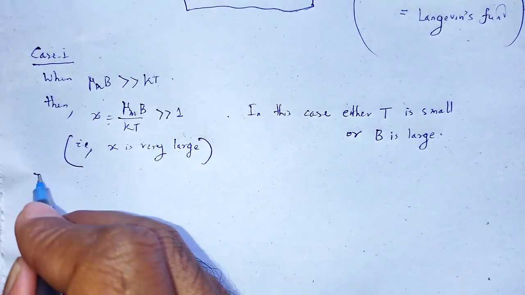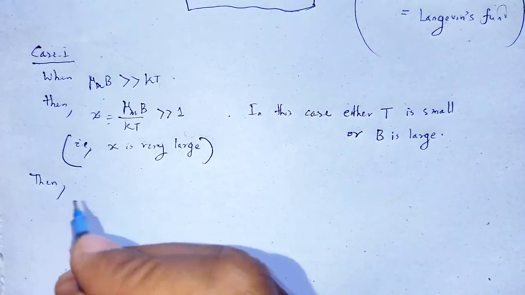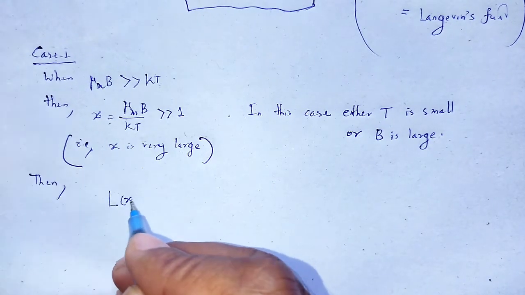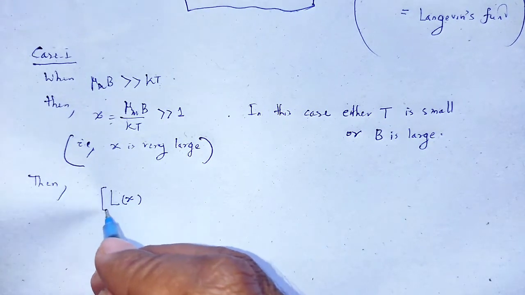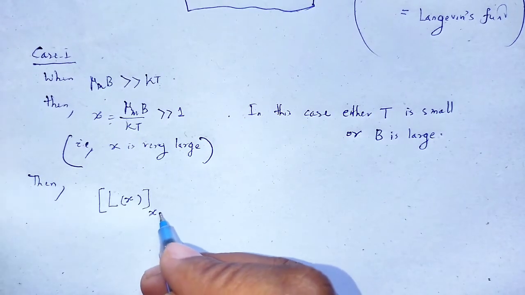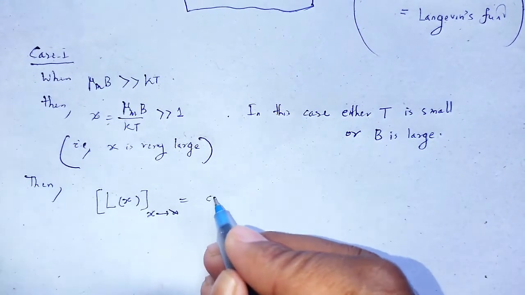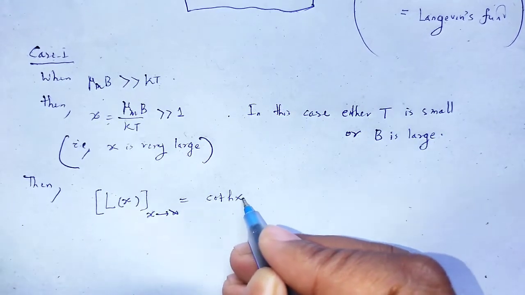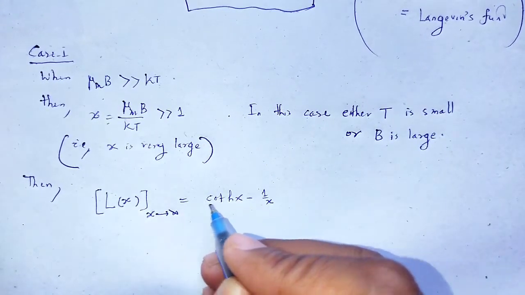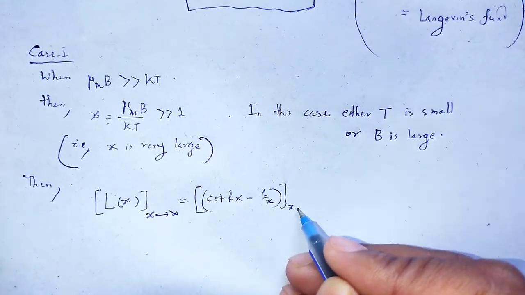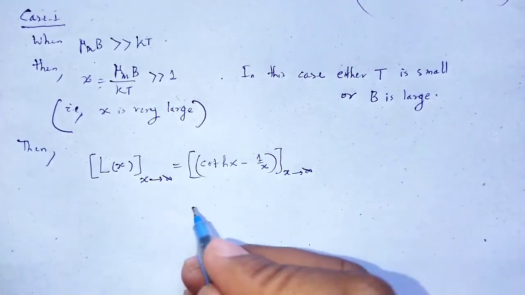Then the Langevin function L of x at x tends to infinity, x is very large, so cot hx minus 1 by x at x tends to infinity is evaluated.